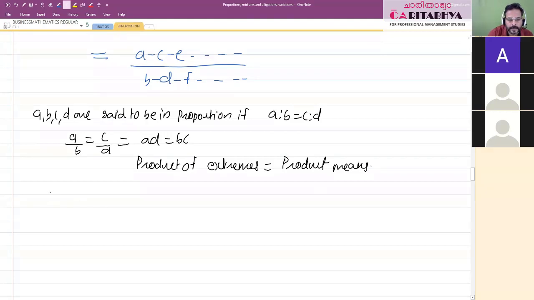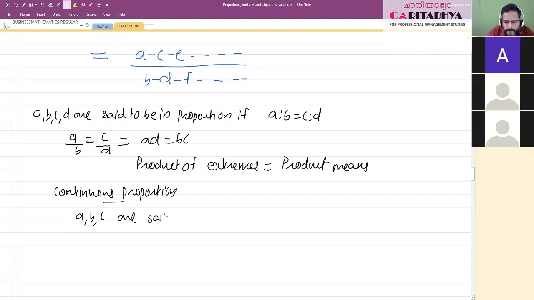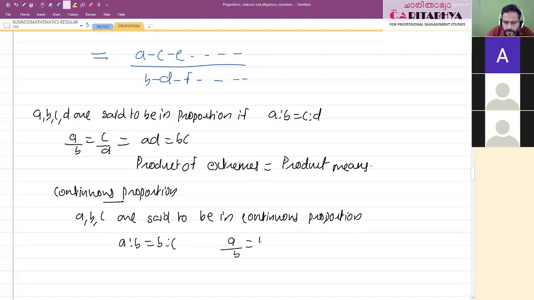Then continuous proportion. So continuous proportion ആയിട്ടുള്ള പ്രത്യേകത എന്താണ്? There are only three terms. So നമുക്ക് എന്താണ് proportion എന്ന് പറയണമെങ്കിൽ there should be an equality of two ratios. So A, B, C are said to be in continuous proportion if A is to B is equal to B is to C. So A by B equal to B by C, cross multiply B square equal to AC or B equal to root of AC.